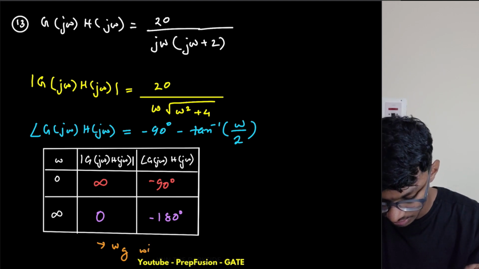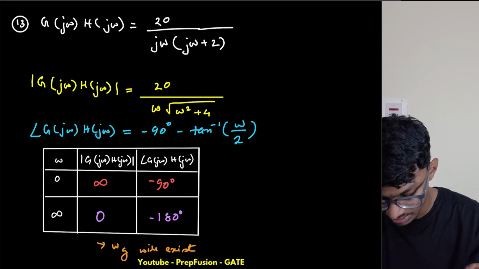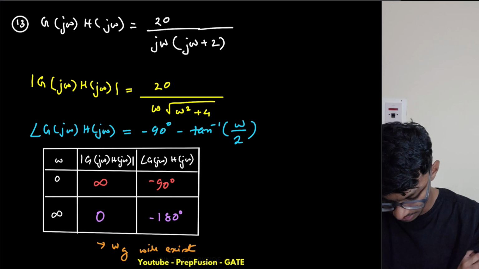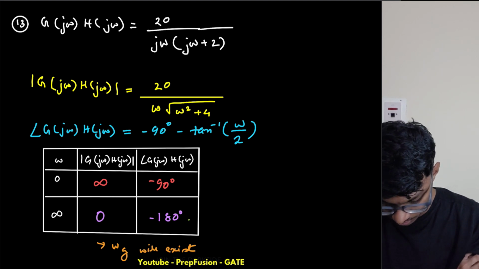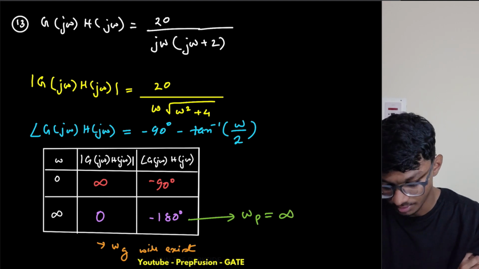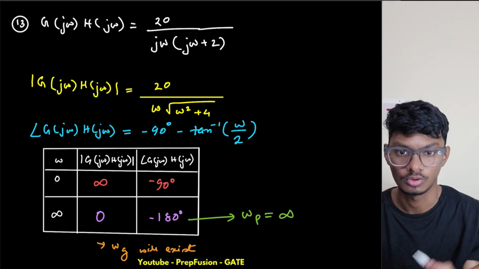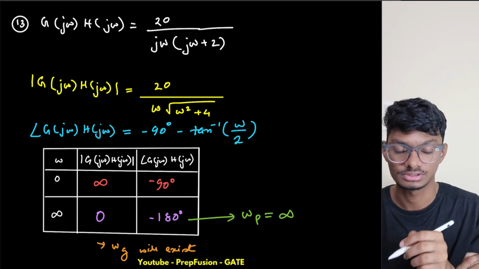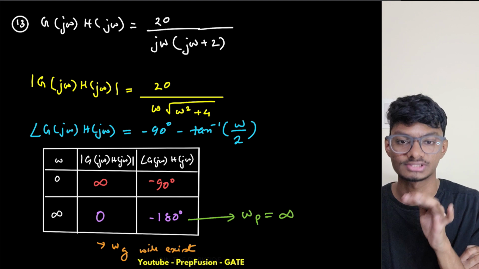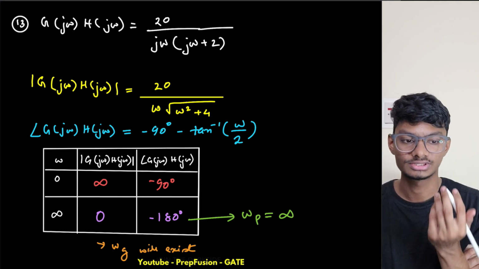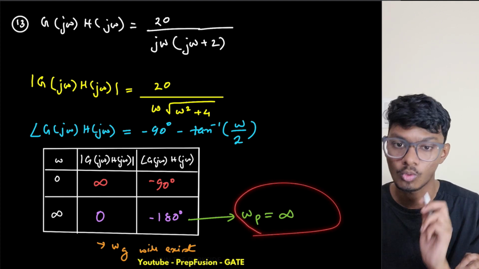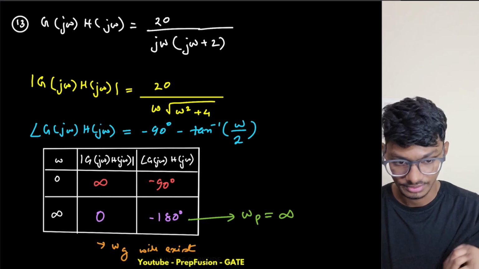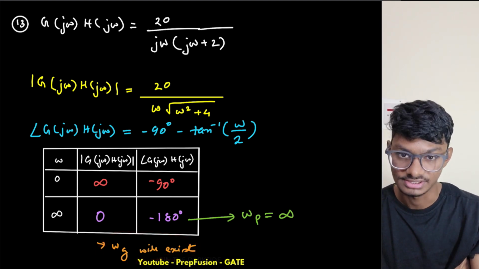And from the table itself, I can say that this point is my omega p. So omega p is infinity, because I'm getting phase minus 180 at omega equals infinity. That is my definition of the phase crossover frequency: the frequency at which my phase is minus 180 degrees, or at which I'm cutting the negative real axis. So omega p I know, and omega g I know will exist, but I have to find it out.